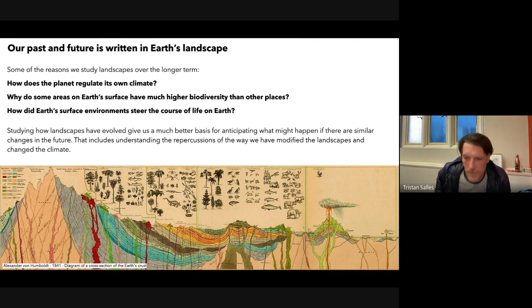I couldn't resist putting this nice diagram from Van den Bolt here from 1841, which shows basically a description of how the surface and the related rock behind it, so stratigraphic layers, correspond to some specific type of species that we see.